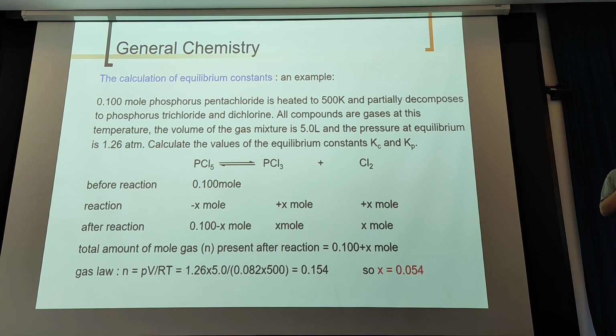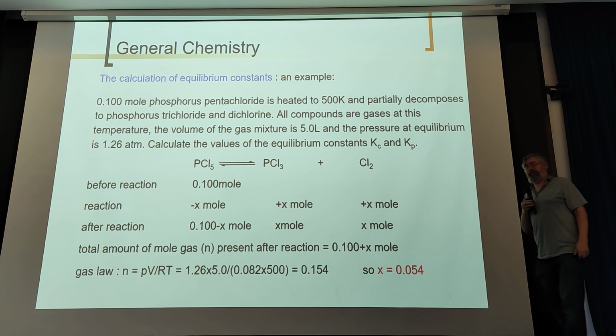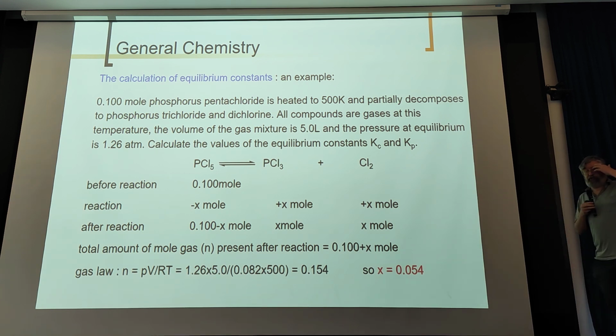The pressure was 1.26 atmosphere. The volume was 5 liters. And we divide by R and T: 500 Kelvin, R is 0.08. So that means we actually get not 100, but 154 millimole of gas after the reaction.